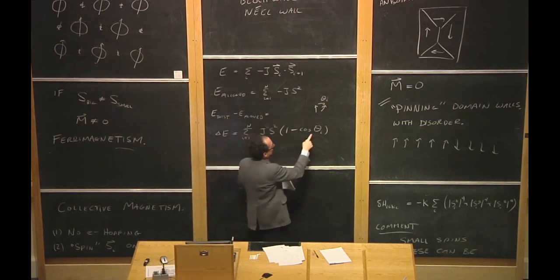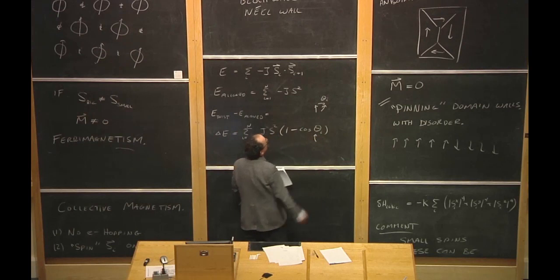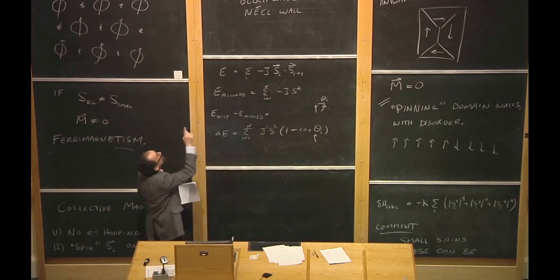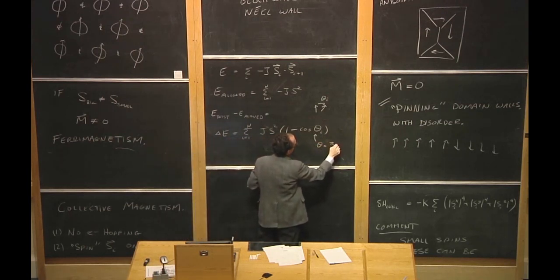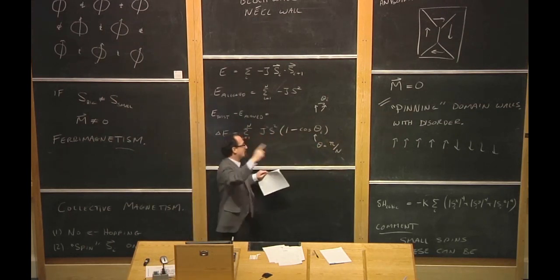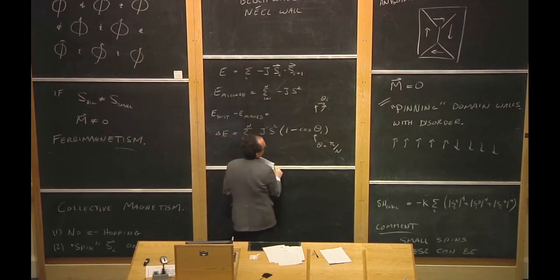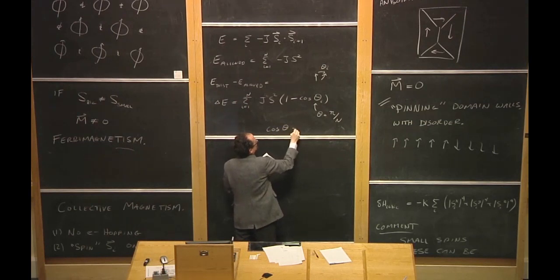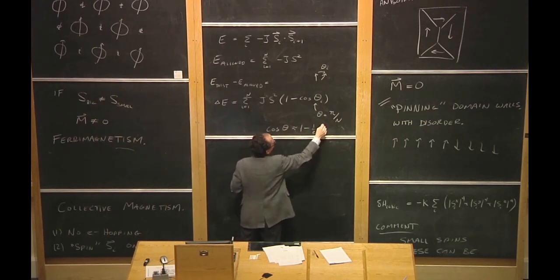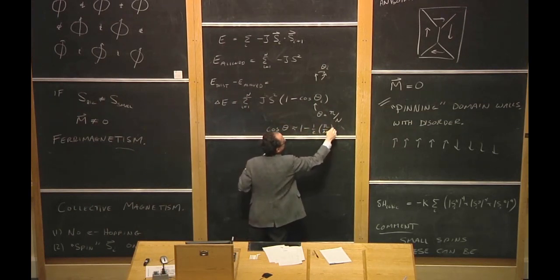So let's assume that theta is small, and if we need to get from all the way to the left to all the way to the right in n spins, let's just declare all the thetas to be pi over n. So we have to make a pi rotation in n steps. So we'll say theta is pi over n. So cosine theta is then approximately 1 minus 1/2 (pi over n) squared.